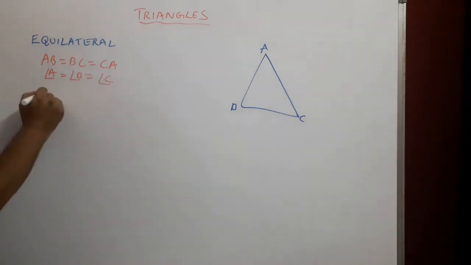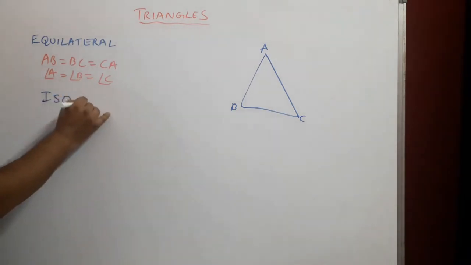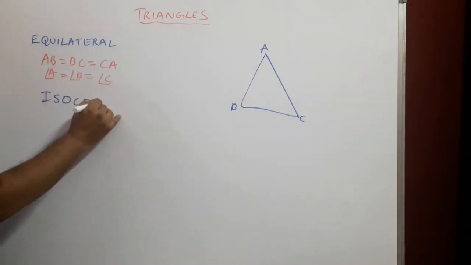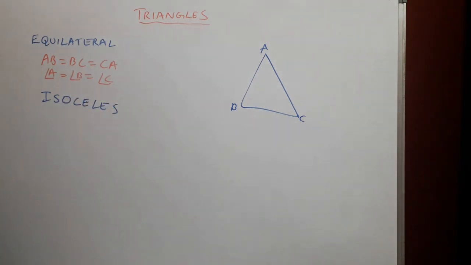For an isosceles triangle, we can have any two sides equal.